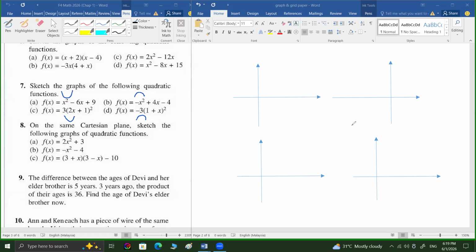So now listen to me. First step, you want to sketch this graph. You factorize it, okay? Just a minute, I need some space.